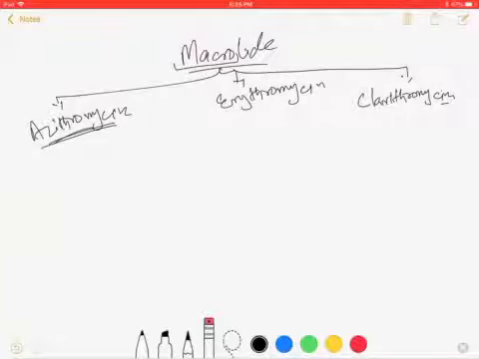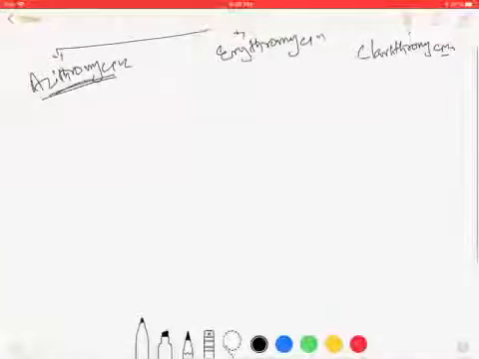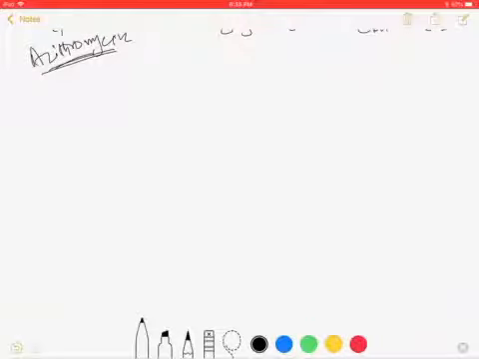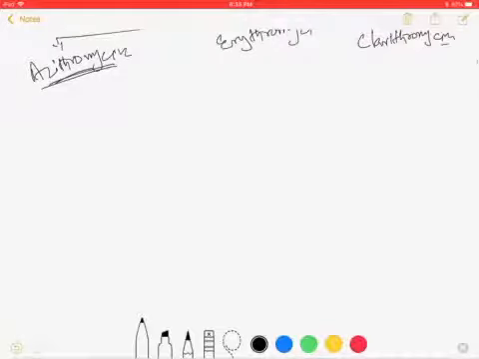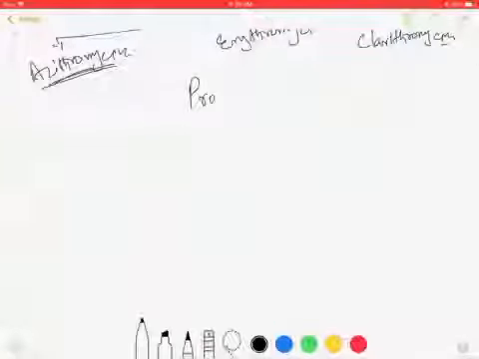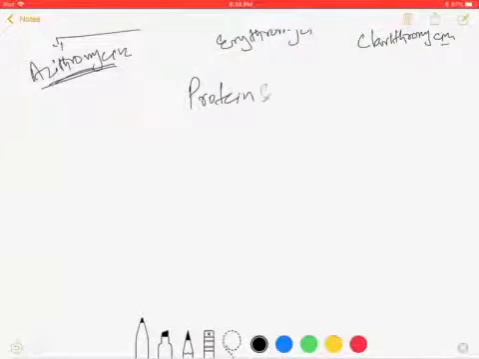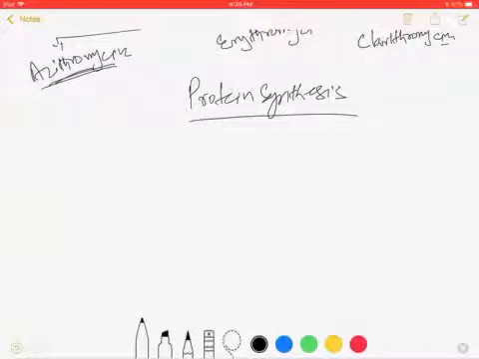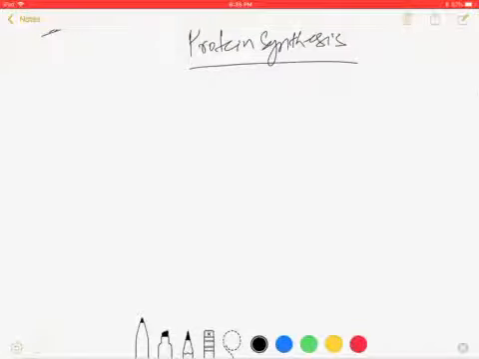Now, how do these macrolides work, the mode of action? To know that, we need to go into the cell biology and look at protein synthesis. If you remember correctly from your cell biology lecture, protein synthesis happens on an organelle called ribosomes. And there are two different kinds of ribosomes.